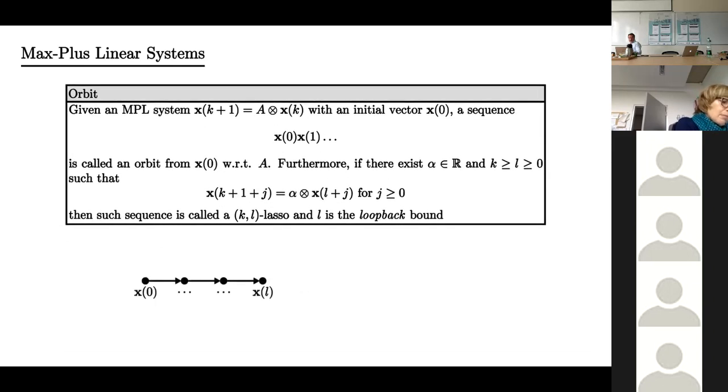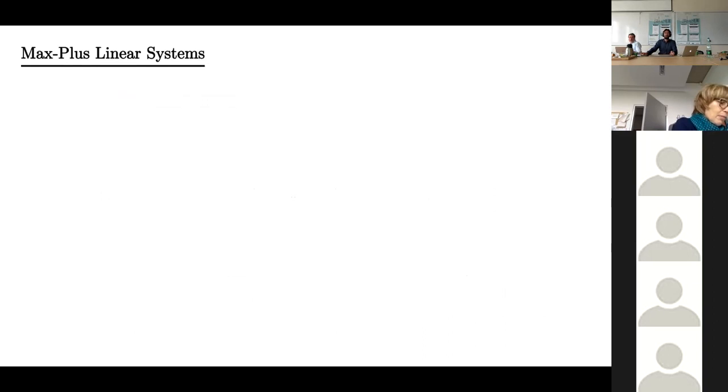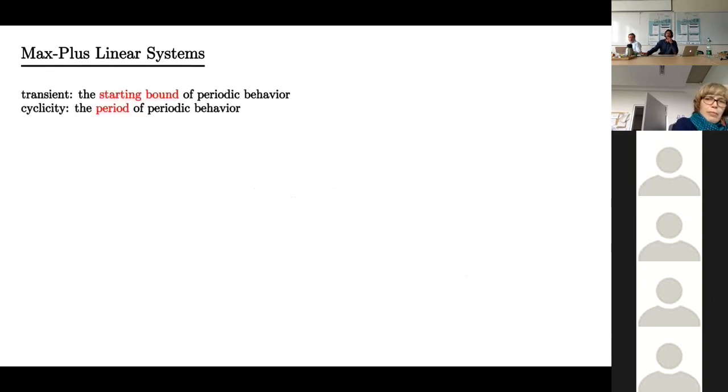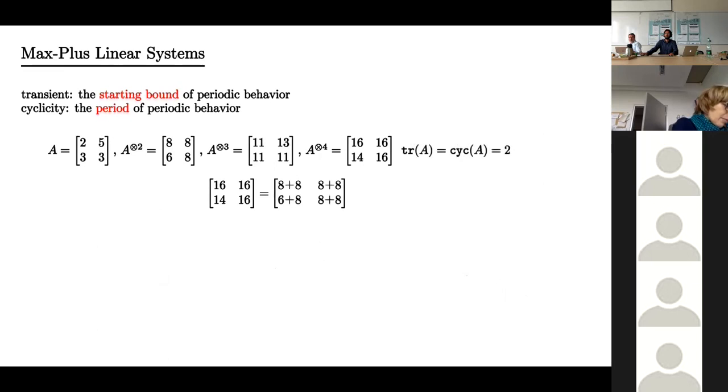From this illustration, we can say that in a kl-lasso, the vector at bound k plus 1 is equal to the vector at loopback bound l after adding the value alpha. In general, we can say that transient is the starting point of periodic behavior in the MPL system, while cyclicity is the period. For instance, from the previous matrix, the corresponding transient and cyclicity are both equal to 2.